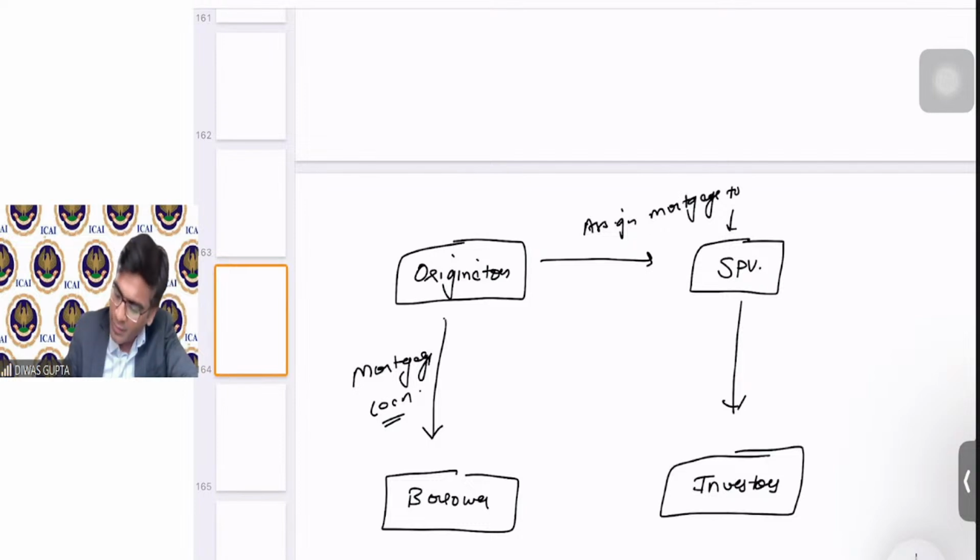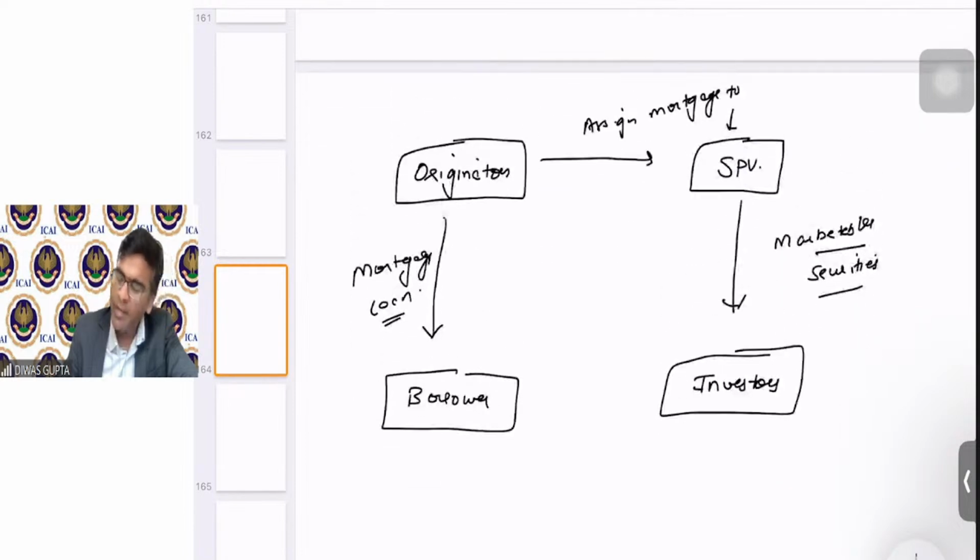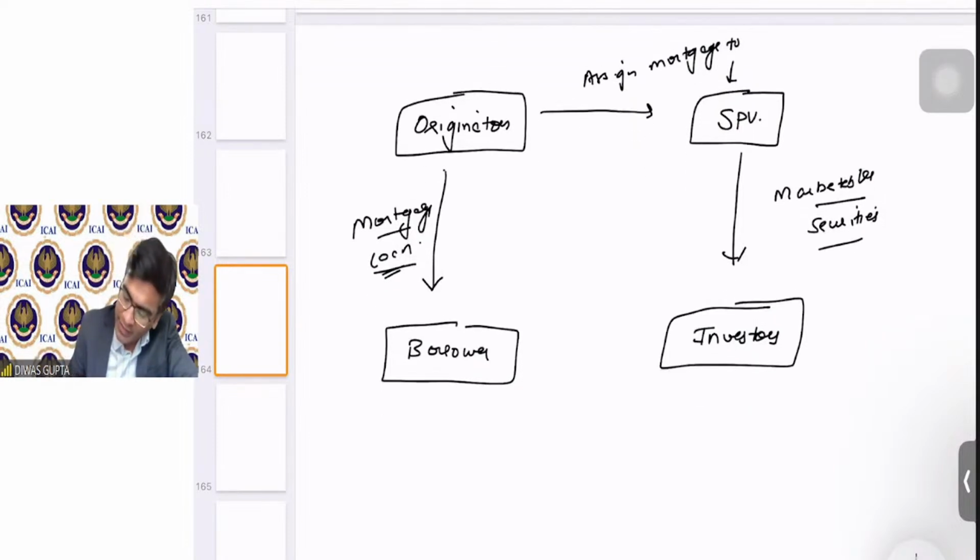Correct, students? Marketable securities to investors, which have an underlying of these mortgage loans. Hence we called them mortgage-backed securities.